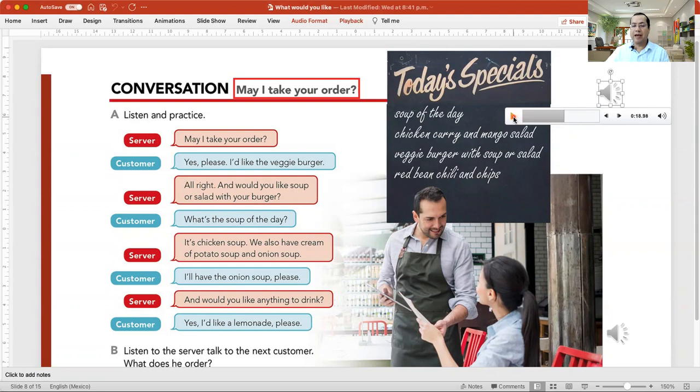It's chicken soup. We also have cream of potato soup and onion soup. I'll have the onion soup, please. And would you like anything to drink? Yes, I'd like a lemonade, please.